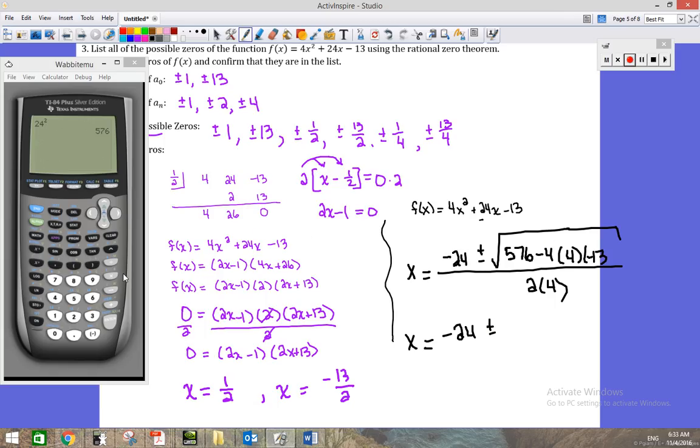Underneath the radical, the discriminant, we get, well, what do we get? 784, and if we take the square root of 784, we get 28.